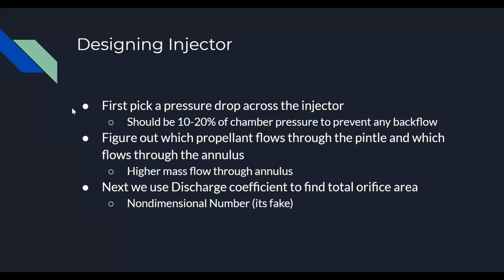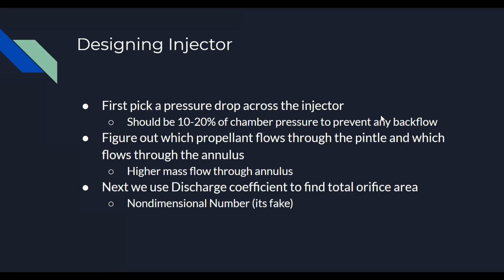So the first thing you would do is pick a reasonable pressure drop across the injector. The rule of thumb is it should be around 10 to 20% of the chamber pressure. You have the pressure upstream of the injector, and as you force it through all of these orifices, it's going to drop in pressure.